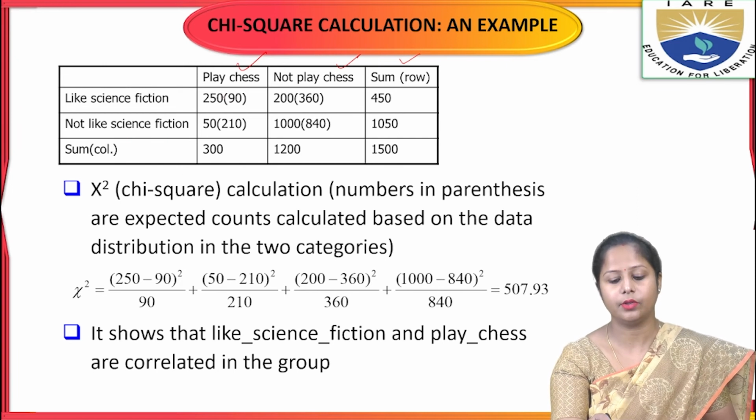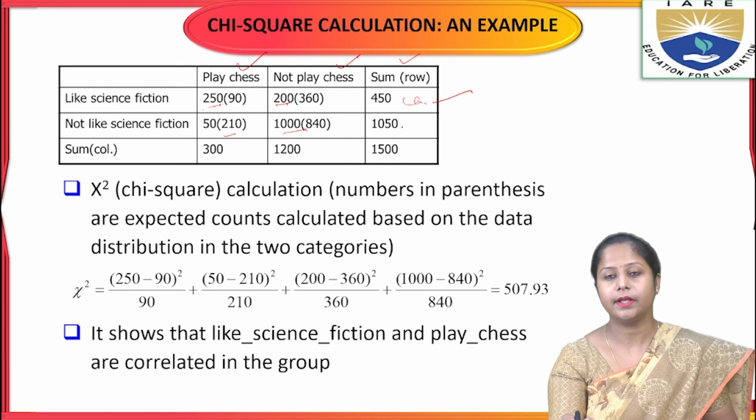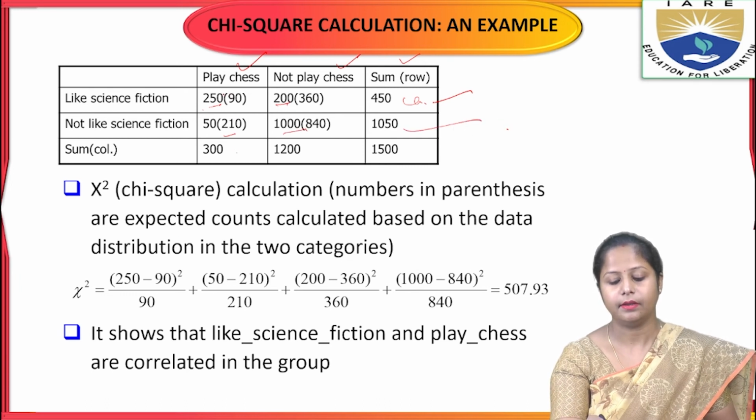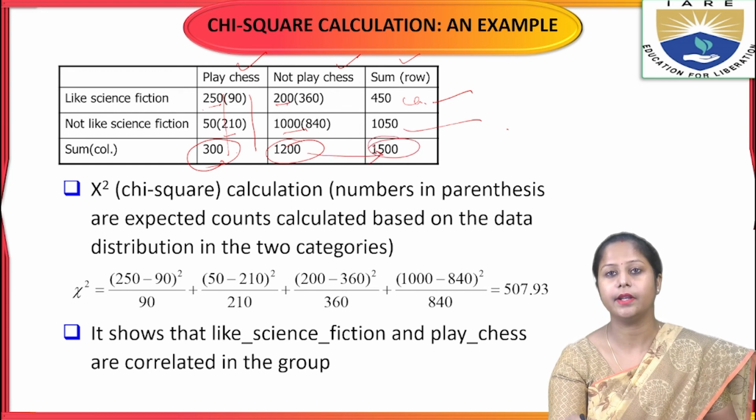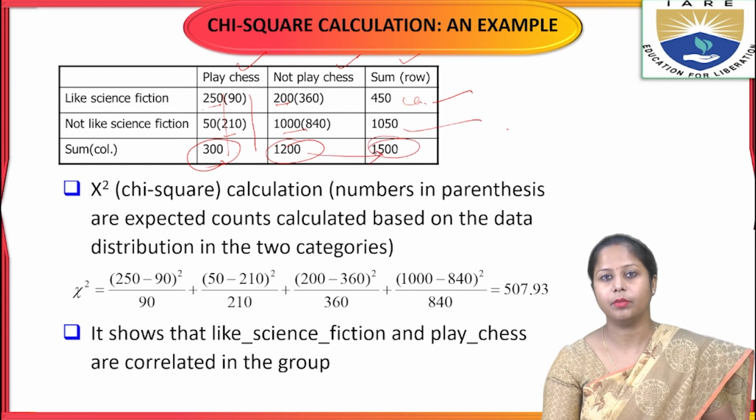Here we have 250 and 200; the sum of these is 450. Here we have 50 and 1000, and the sum is 1050. The column totals are 300 and 1200, and the grand total is 1500. So that is the table to calculate the chi-square value.